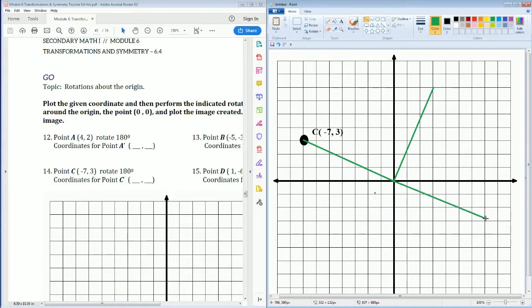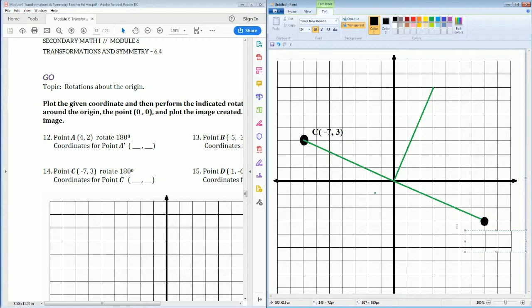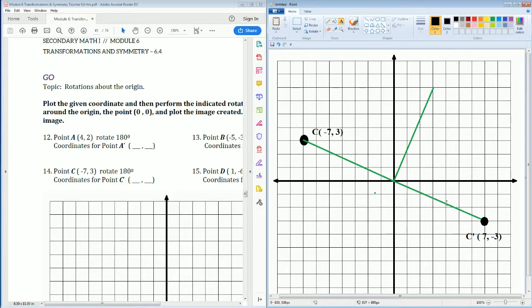Perfect straight line. All right, make the dot. Okay, this is C prime. That is at the point 7 comma -3. Okay, that is C prime for you.